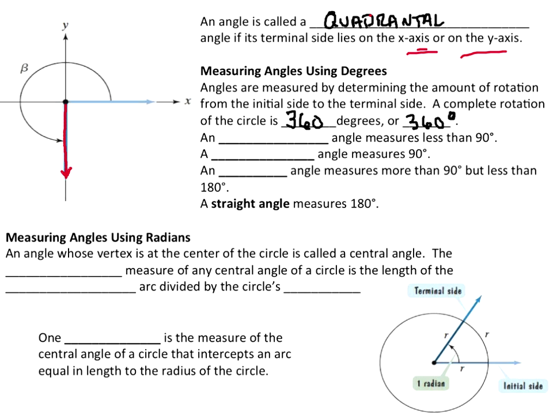So it's neat that the circle has 360 degrees in it, because 360 shows up a lot of other places besides just geometry.